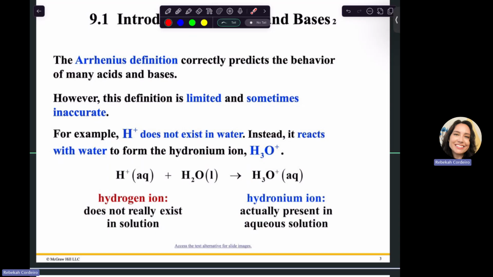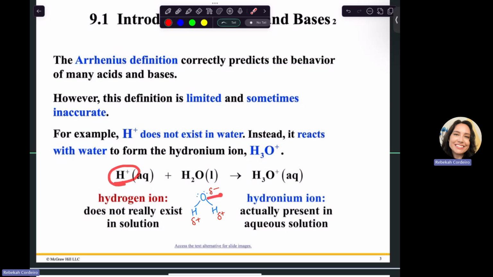But H+ doesn't actually exist in water because if we draw the Lewis structure of water and think about the shape and the polarity of water, you may recall that water has this really negative oxygen and these really positive hydrogens. What do you think is going to happen when this really negative oxygen sees this very full positive?